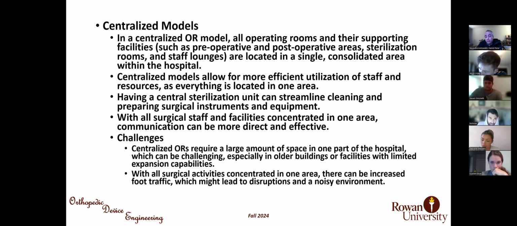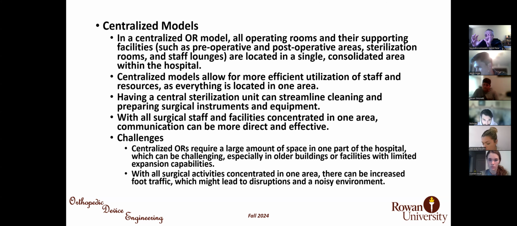Centralized operating room means all the operating rooms, for example, orthopedic surgery, general surgery, ophthalmic surgery, ENT surgery, gynecology surgery, vascular surgery, all these surgeries are together in one department and one section. So, for example, there are 20 operating rooms in that department, and each one is for one subspecialty.